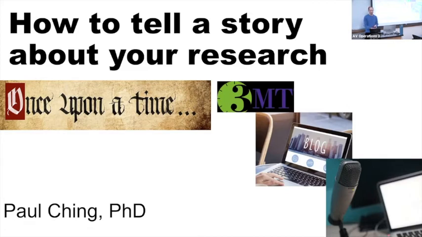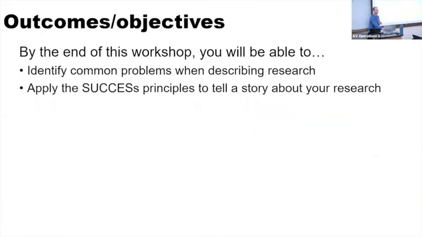To begin, just a few of the kinds of outcomes and objectives, just two so far today. Hoping you can use this workshop to identify some common problems you may have when describing your research, as well as applying what are called the success principles to tell a story about your research. The principles I'm going to talk about today are from this book called Made to Stick by Chip and Dan Heath.